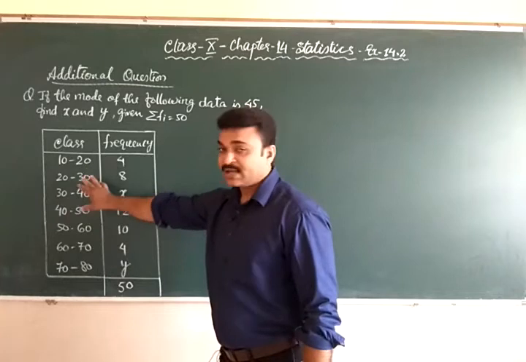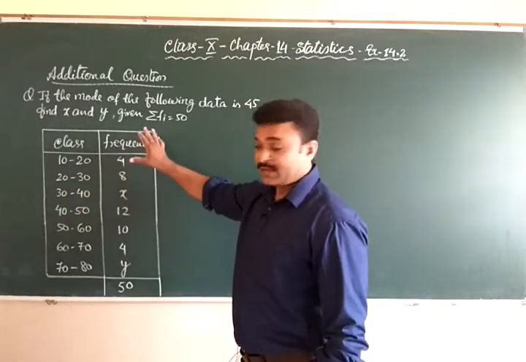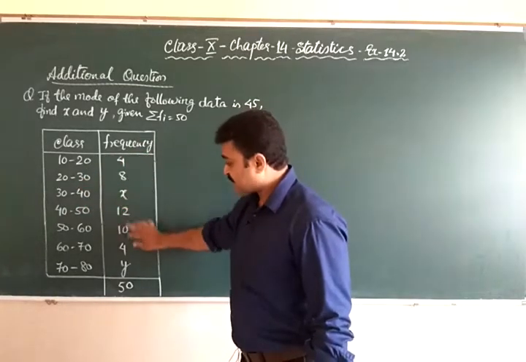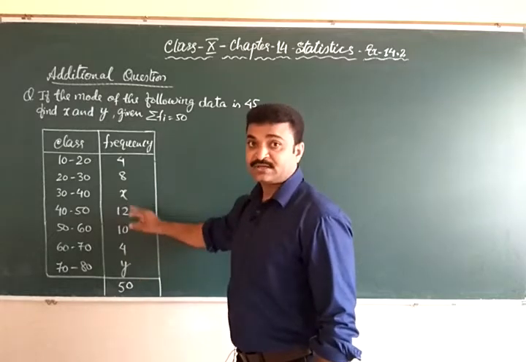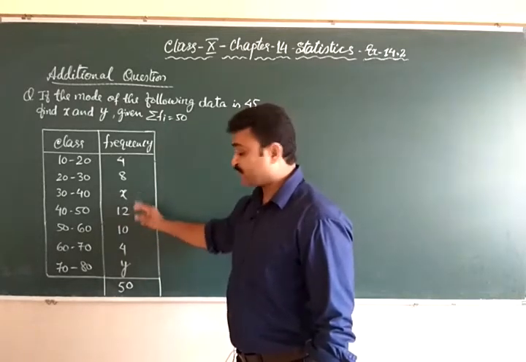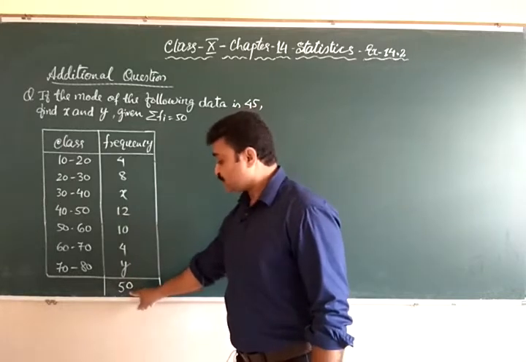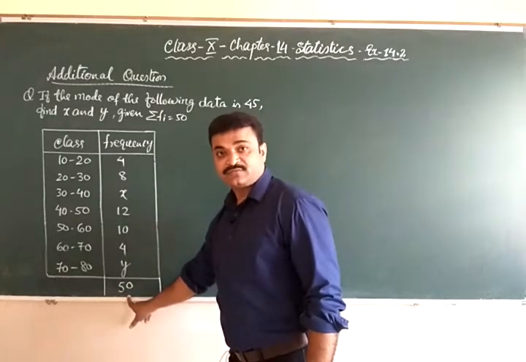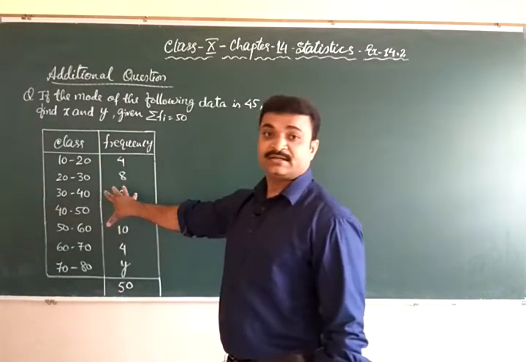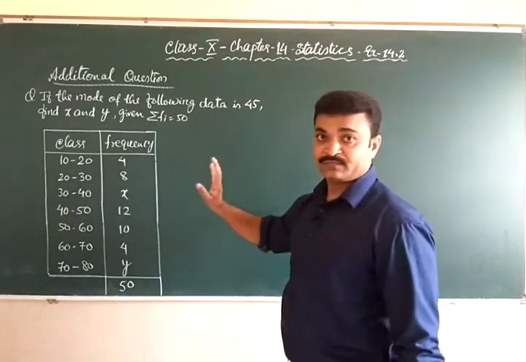We have class and frequencies in which x and y are two missing frequencies. We have to find these two frequencies, and the sum of the frequencies is 50 and the mode of this data is 45.